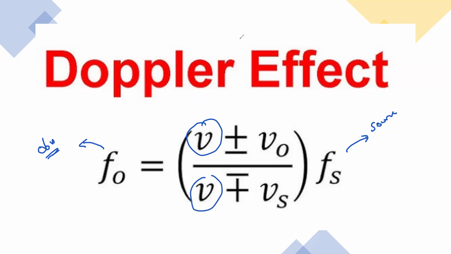But what about v naught and vs? v naught represents the speed of the observer. f naught is the observed frequency, the frequency which we receive. vs is the speed of the source. fs is the frequency of the source. f naught is the observed frequency, the frequency which we will observe.